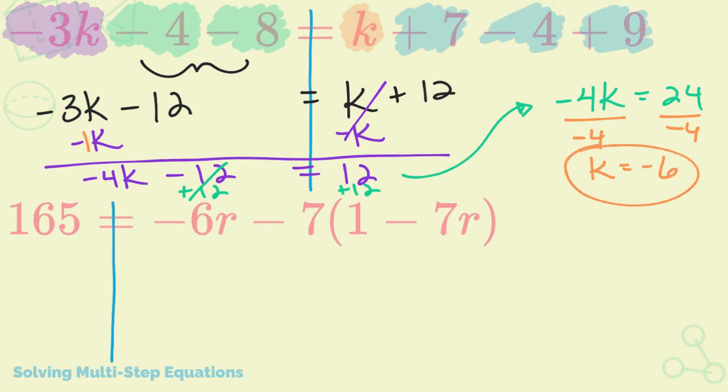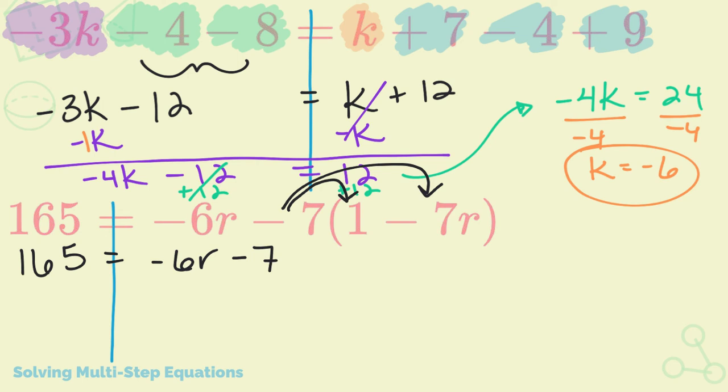In order to solve the next problem, I'm going to begin by distributing. So I will do -7 times 1 and -7 times -7r. So that will give me -7 plus 49r. And then I am once again looking for my like terms. So that's my -6r and my +49r.